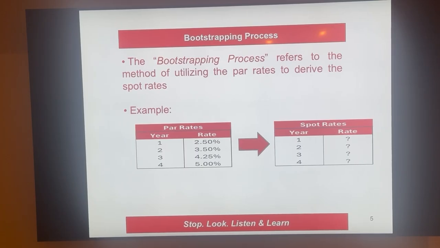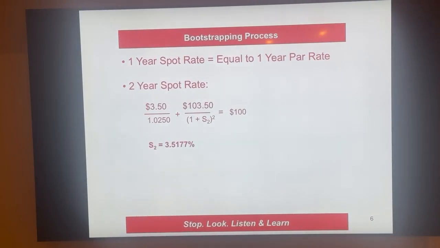And so here we see that the 1 year par rate is 2.5%. The 2 year par rate is 3.5%. The 3 year par rate is 4.25%, and the 4 year par rate is 5%. And from that par rate curve, we want to compute what the spot rates would be. So let's take a look at how we do that.